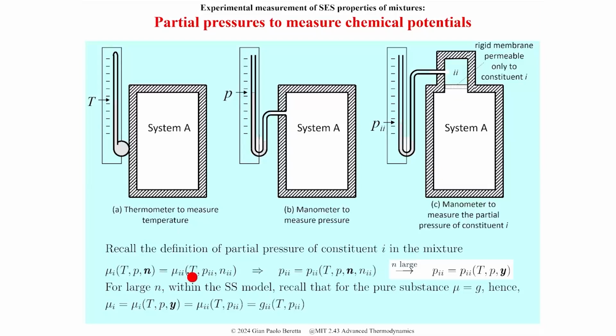And then, as you remember, the condition for mutual equilibrium is that the chemical potential of constituent i in the mixture must be equal to the chemical potential of the constituent on the other side of the membrane, through which that substance can flow.